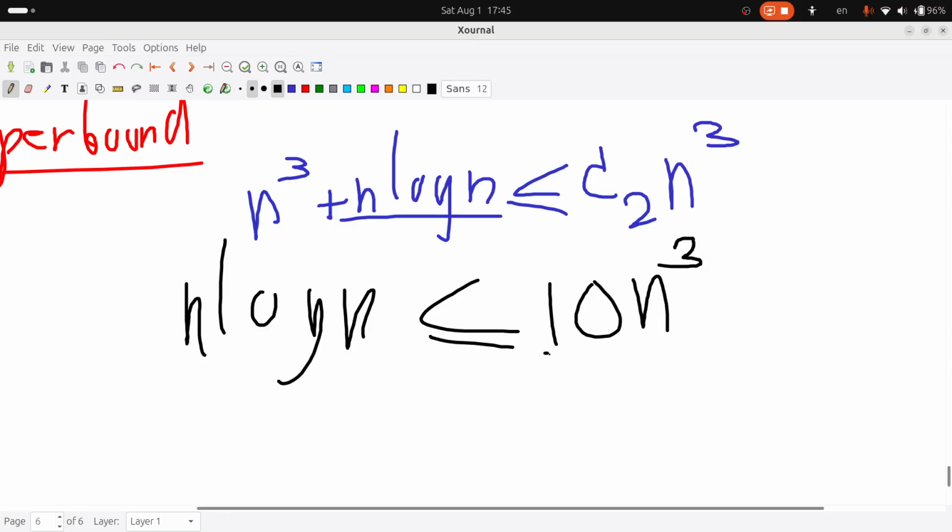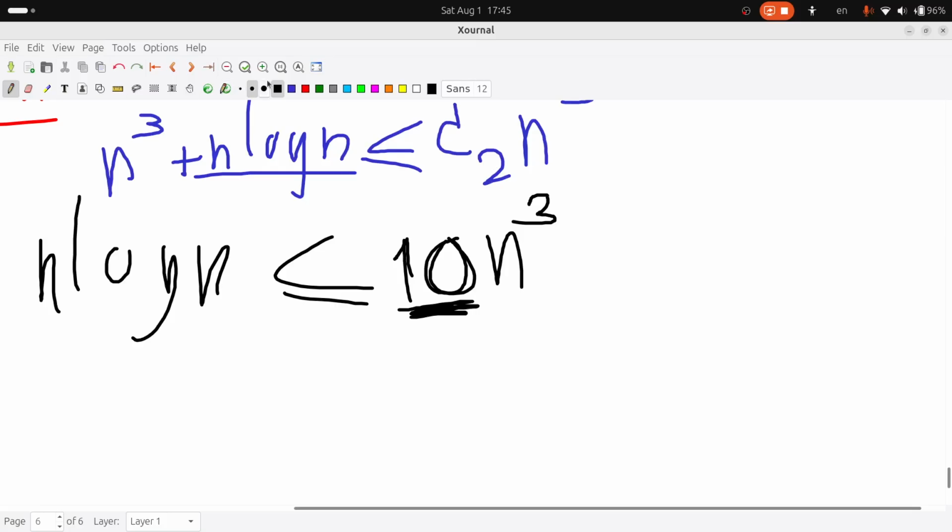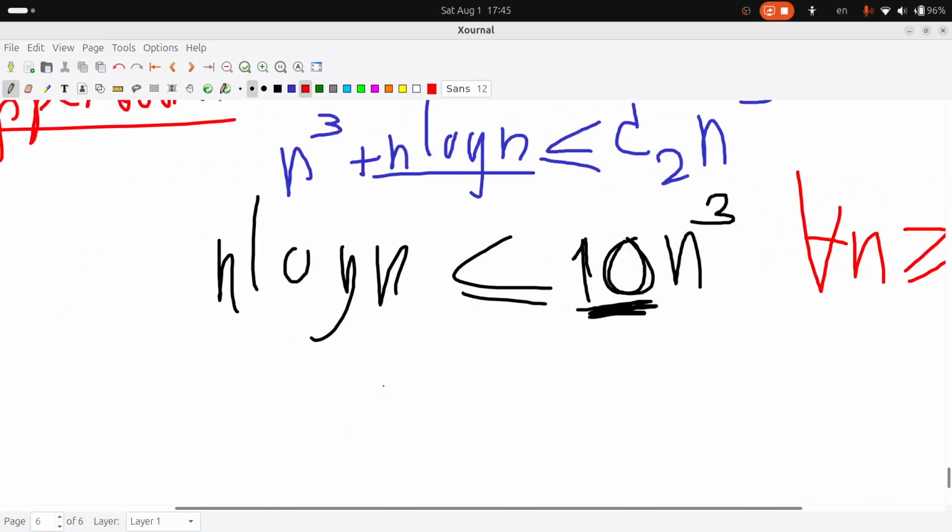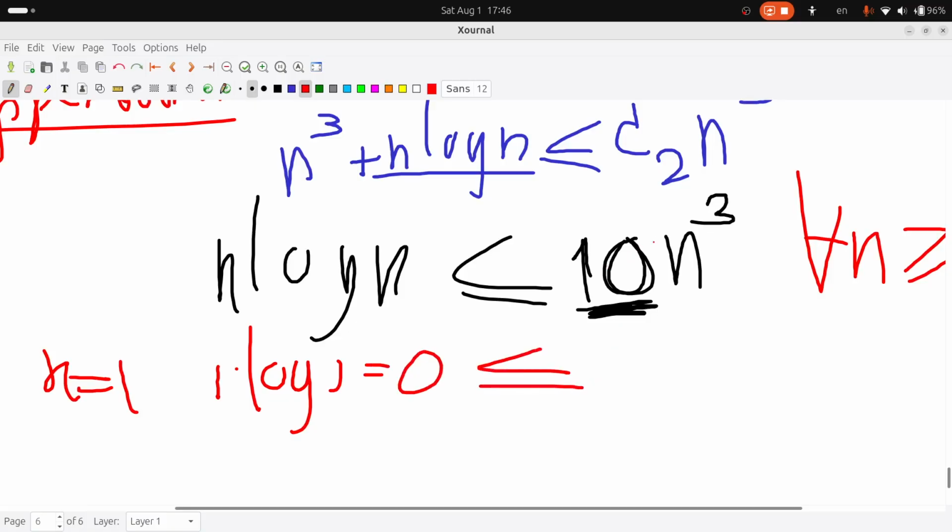I try to do this one, so we can choose a small starting point. So we ask the same question: what is the starting point that makes this inequality true? We can see that if n is equal to 1, this will be 1 times log 1, which is 0, and that is less than or equal to 10 times 1, which is 10, and it's true.